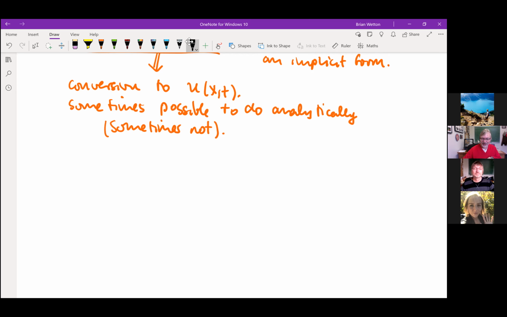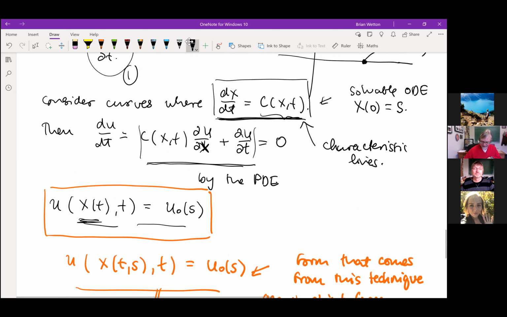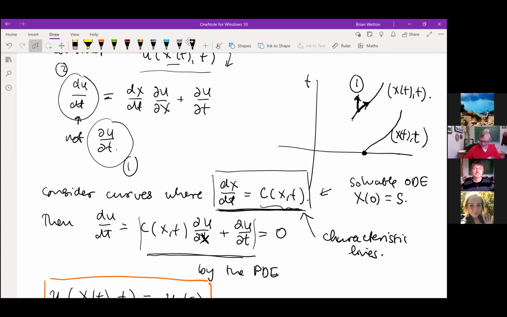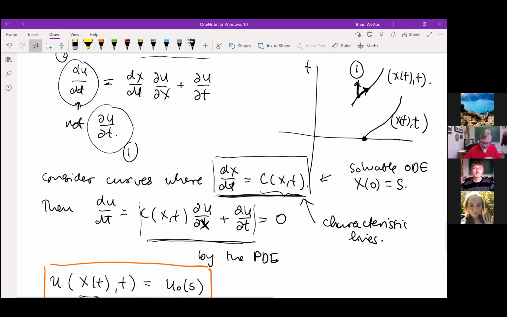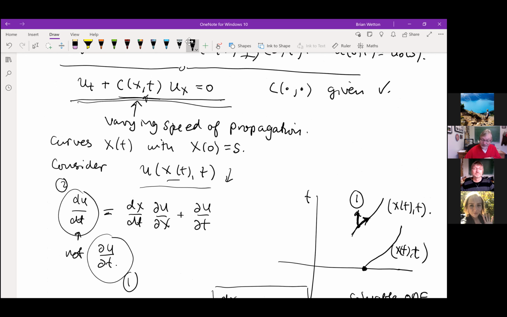So the question is, does every point x of t follow on one of these characteristics? And the answer is yes, at least for short time. There are examples where, okay, even though the PDE we started with is linear, it's got superposition.